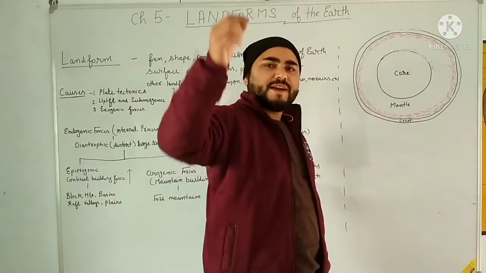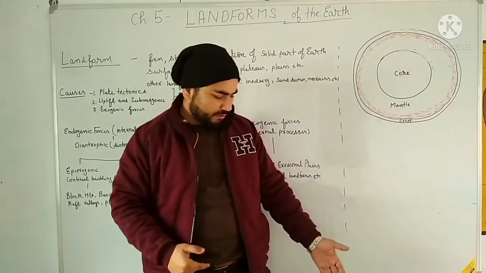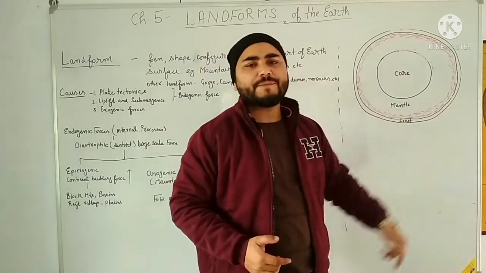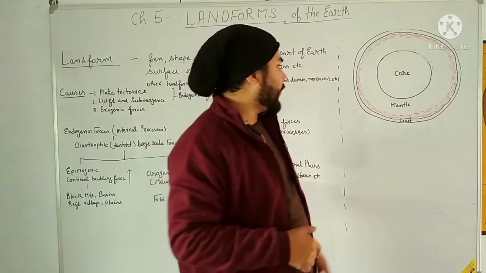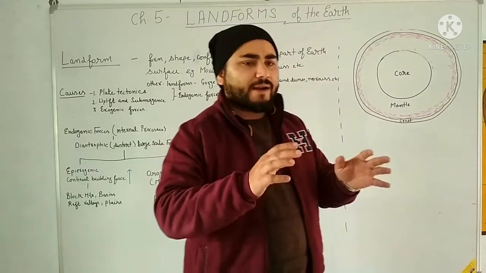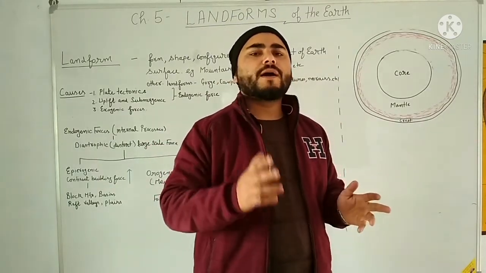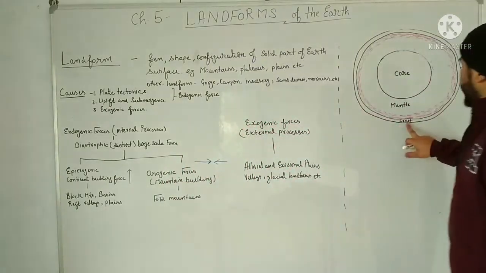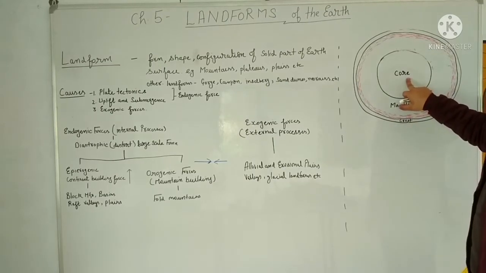It extends from the earth's surface, from the land on which I am standing, to 100 to 200 kilometers deep inside the earth. Till there we have the lithosphere. Now that lithosphere is floating on the asthenosphere. Here I have shown you, this is crust, this is mantle, this is core. These things we have already studied.